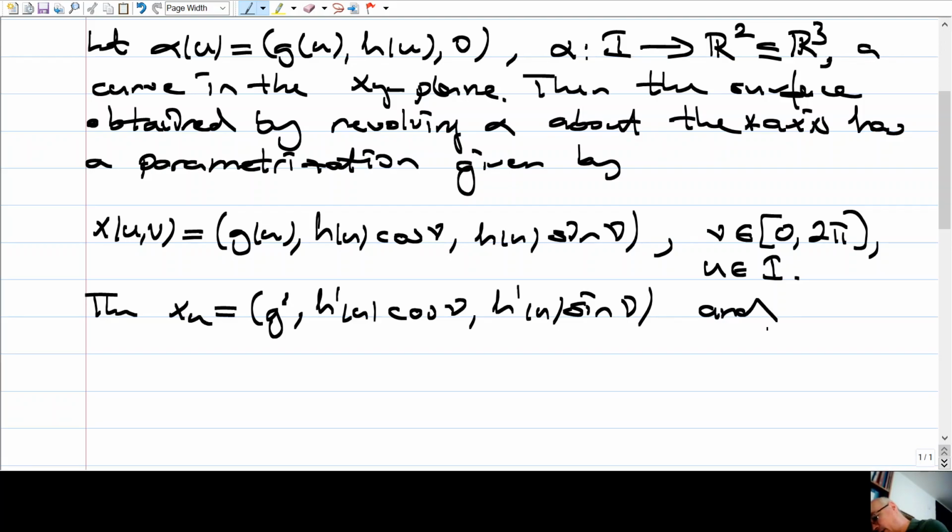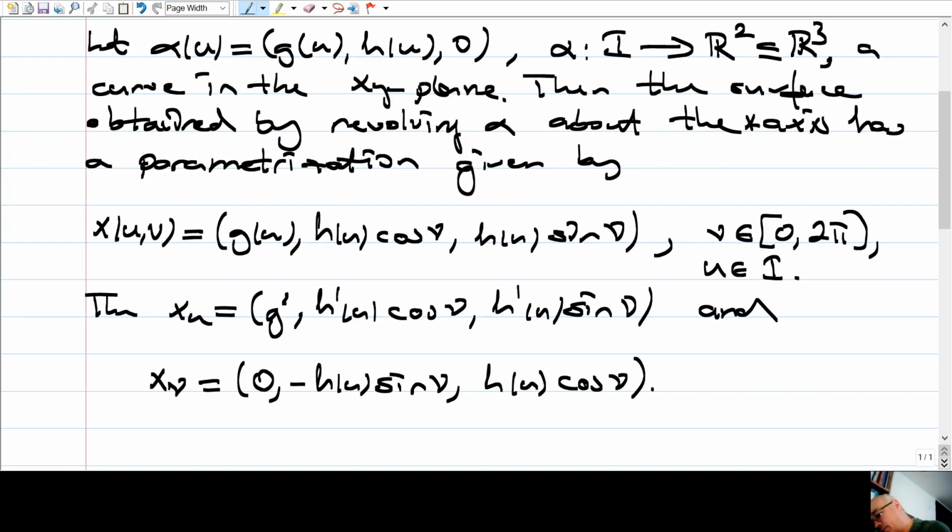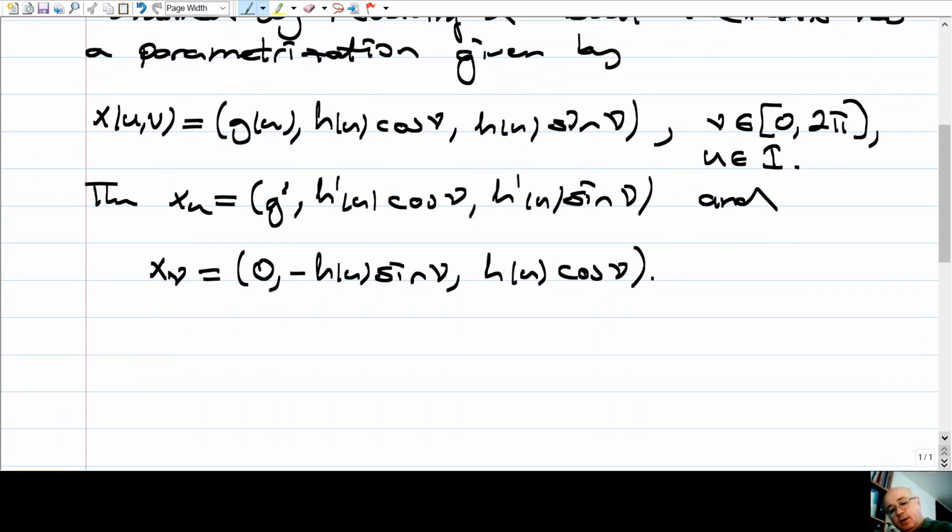And what about the v derivative? This is just 0, and then minus h(u) sine v and h(u) cosine v. All right.